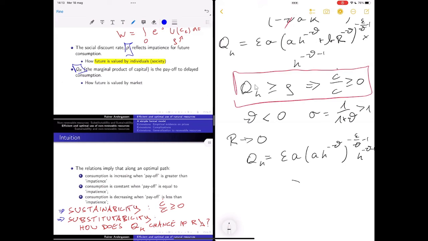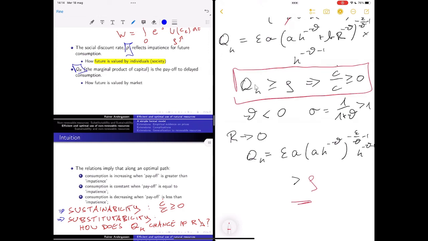And therefore the degree of substitutability in this case between k and r is sufficiently large that you can have that this is larger, under certain conditions, than rho. I don't know how convincing this example is, but what I tried to argue is that, in general, if sigma is larger than 1, meaning that the elasticity of substitution between k and r is sufficiently large, then sustainability not only is feasible, but it's also socially desirable.